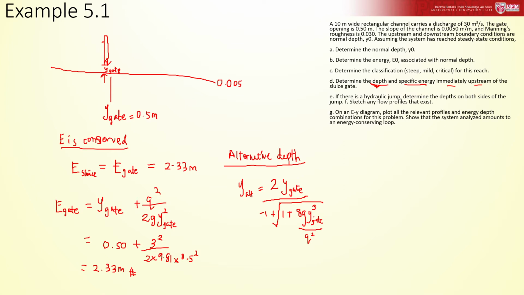So you solve this equation and you can get the answer as 2.24 meter. Okay, so now you know that the energy just before the sluice gate is equal to 2.33, and then the depth is 2.24.